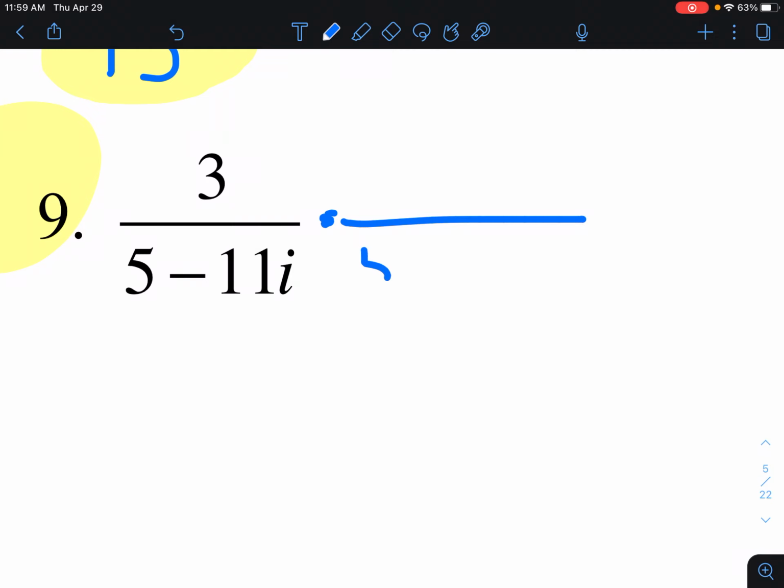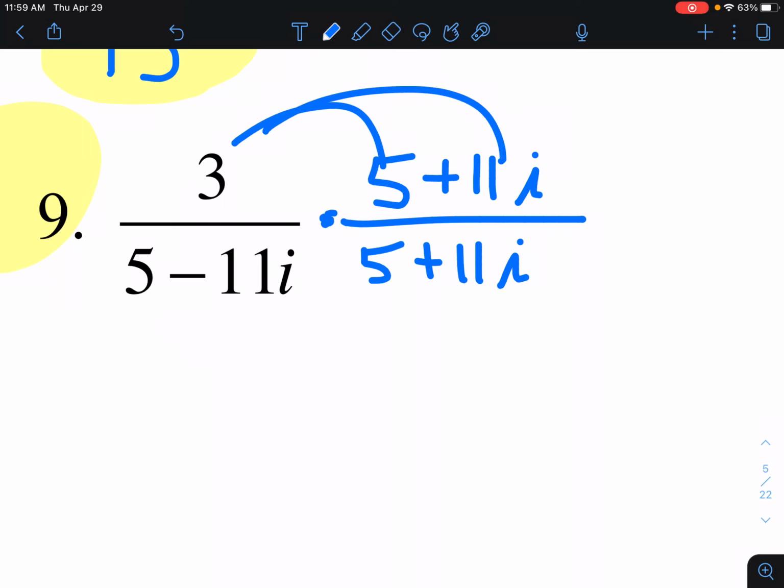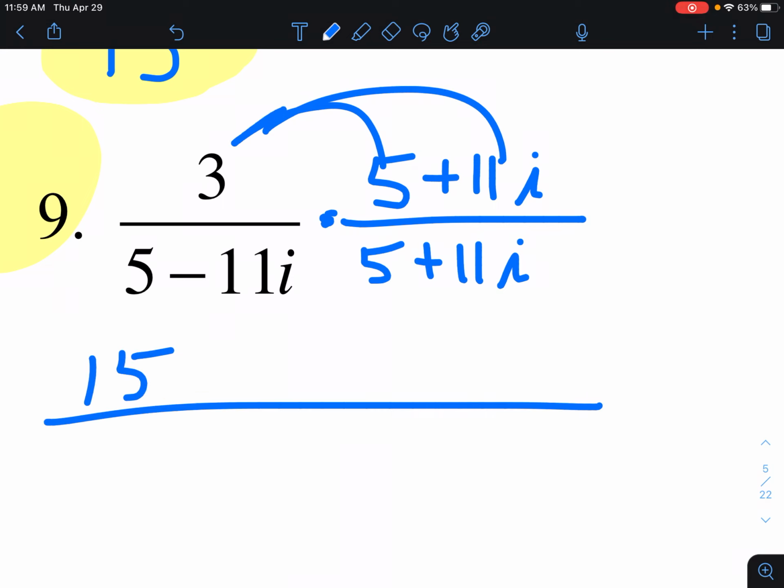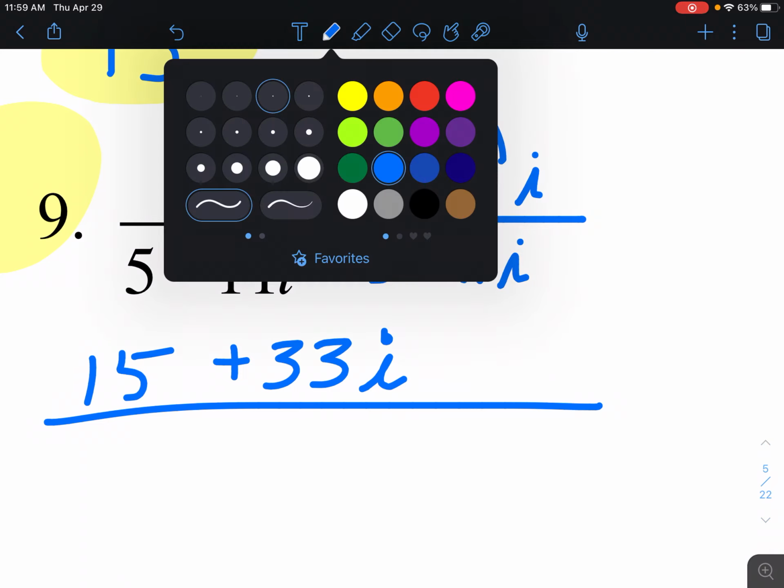So the conjugate of the denominator is 5 plus 11i. We're going to distribute the numerator. So 3 times 5 is 15. 3 times 11i is 33i. And we're good there. That's done. Now the denominator, we're going to FOIL.